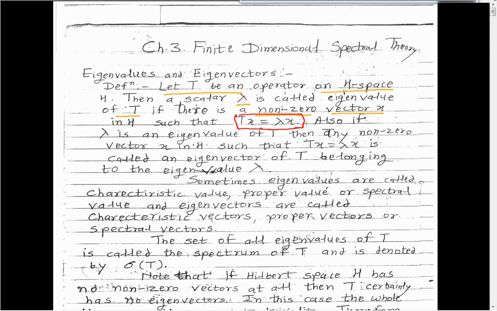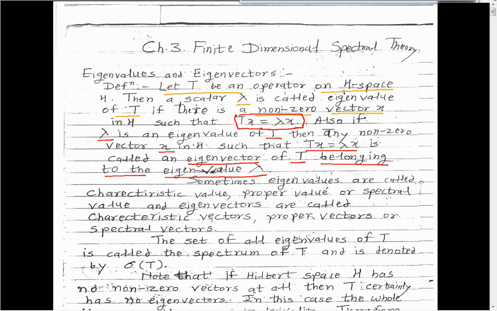If lambda is an eigenvalue of T, then any non-zero vector x in H such that Tx is equal to lambda x is called an eigenvector of T belonging to the eigenvalue lambda.